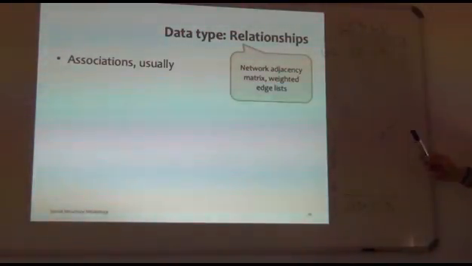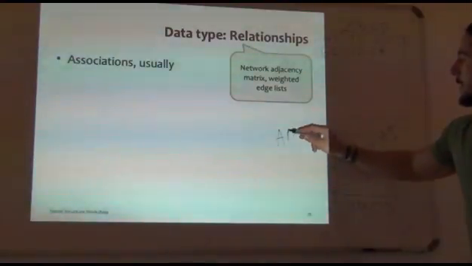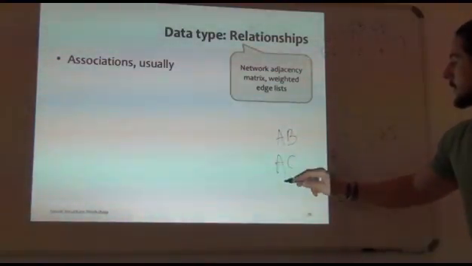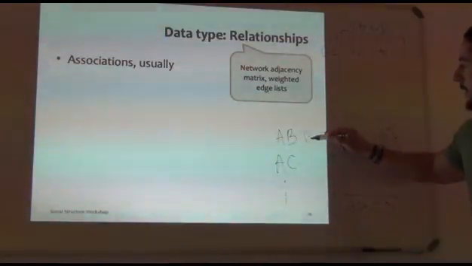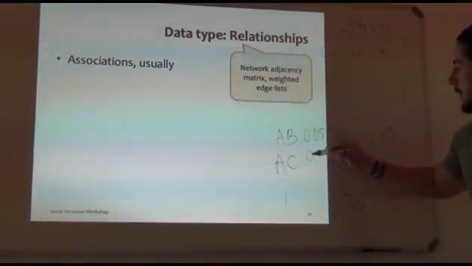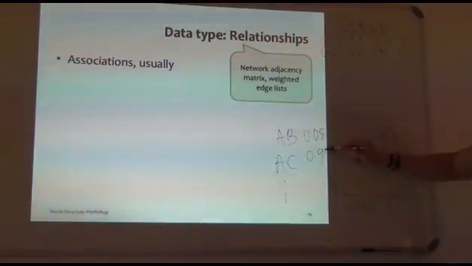So in our case, we're shuffling the values inside of the association matrix. Or if you represent this as an edge list, you will have A and B, A and C, and so on. And here the values, 0.9, and then you shuffle these values around. So it's pretty much the same thing.